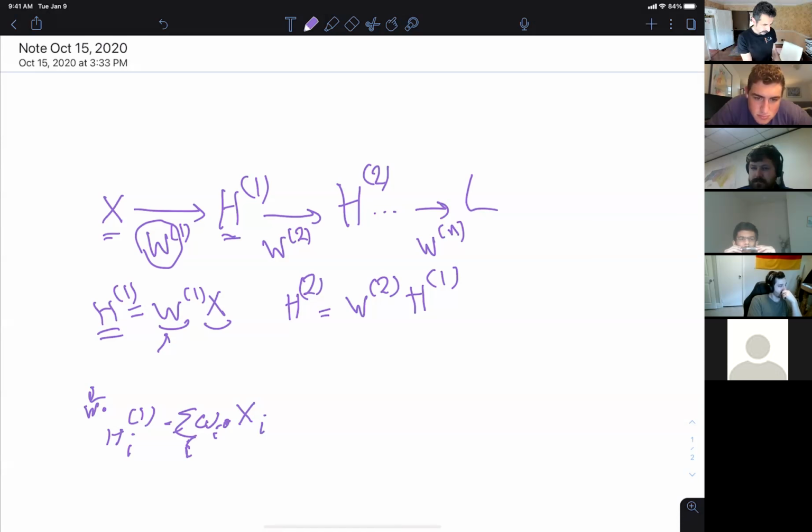But now with this notation, we change this to a matrix, and then you do the same matrix multiplication all the way down to get this loss, right? So this was your forward pass.